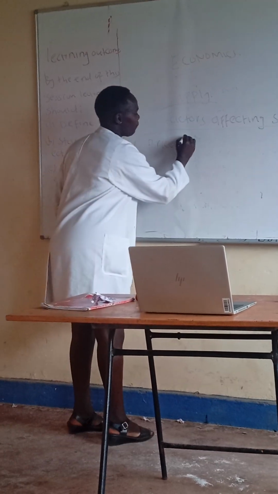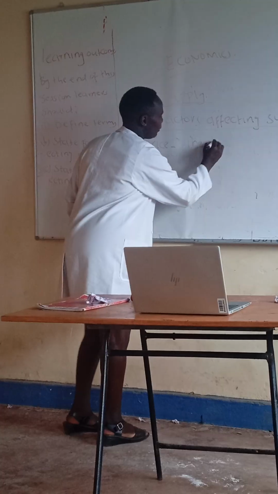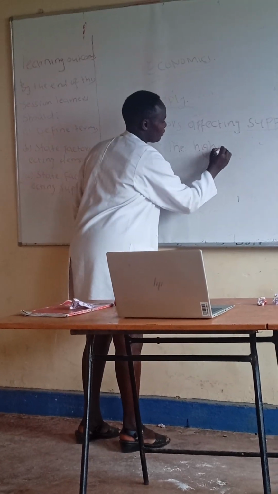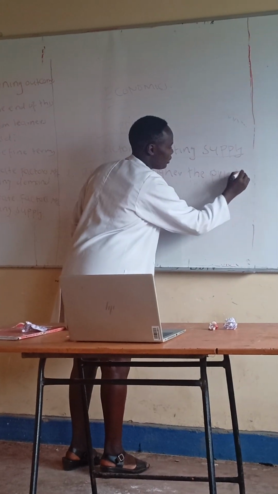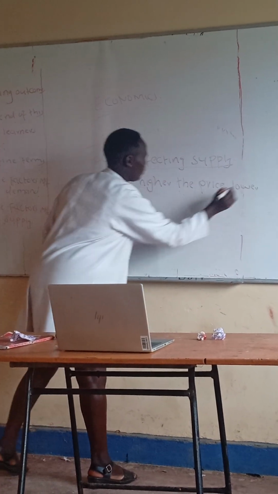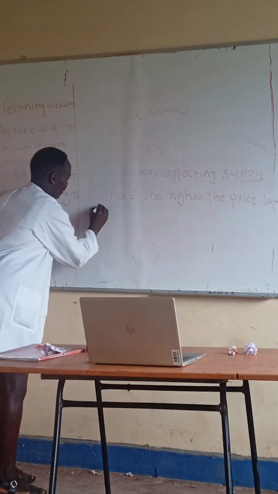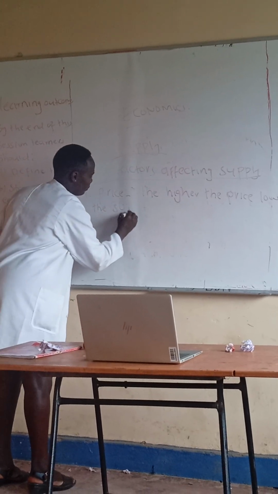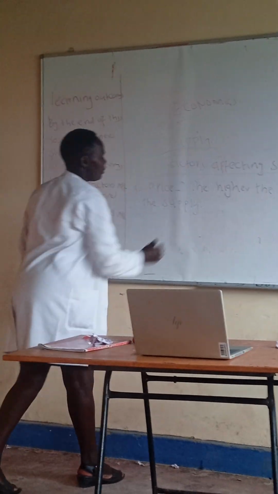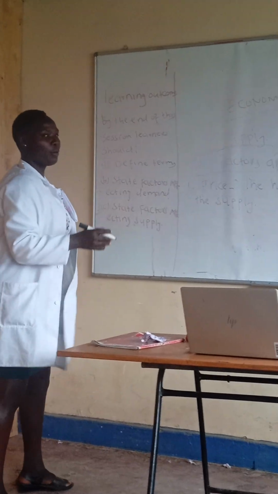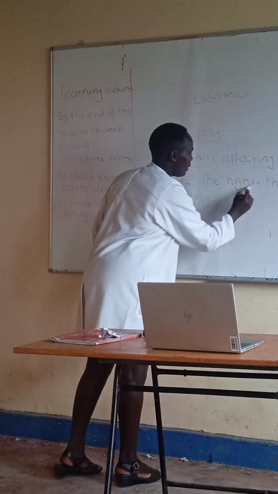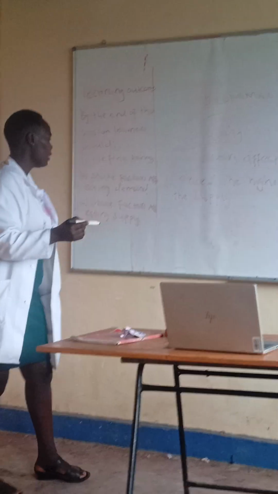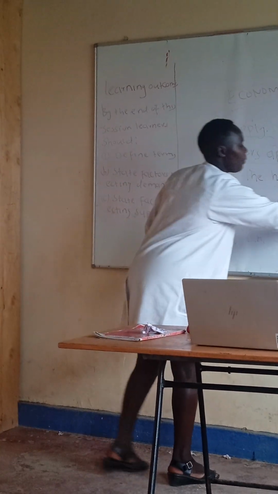Now we say, the higher the price, the lower the supply. I want you to master this one by understanding that it is the opposite of the other one. If the price of the commodity is higher, then the supply will be lower.